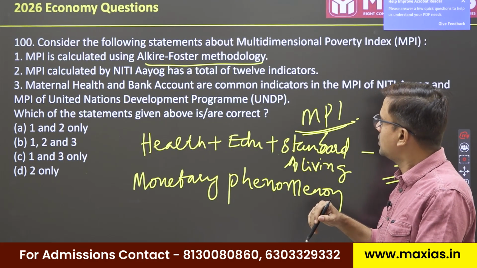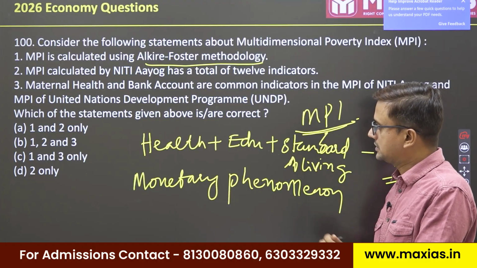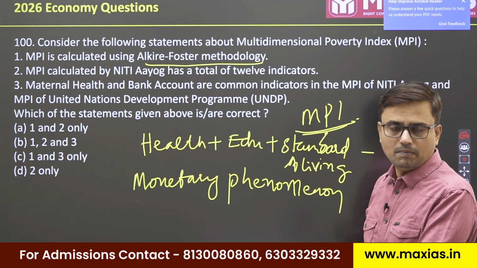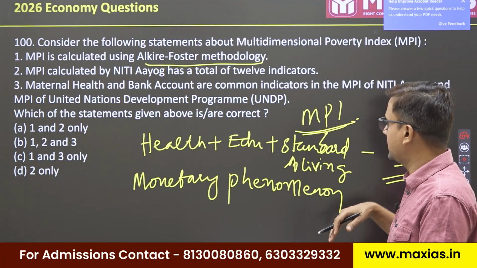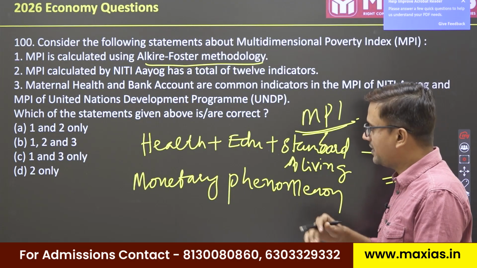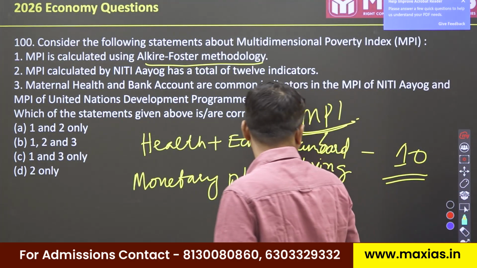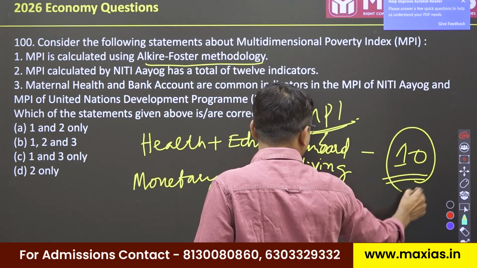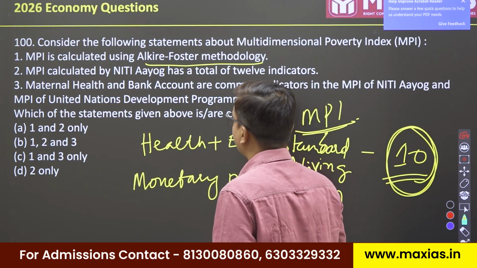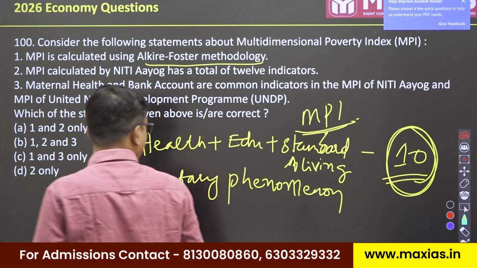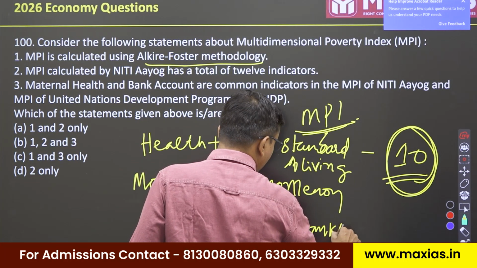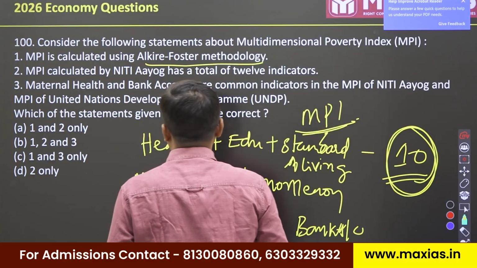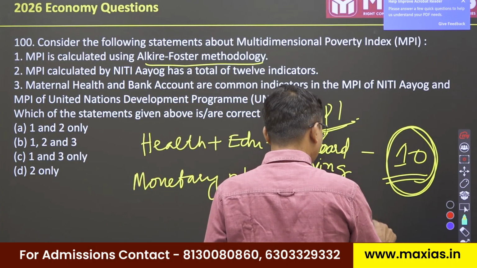Niti Aayog is also calculating a multidimensional poverty index. The multidimensional poverty index calculated by Niti Aayog, in addition to these 10, also has included bank account and maternal health.